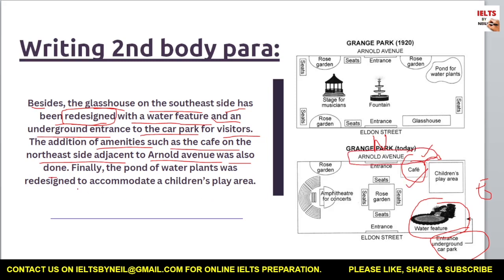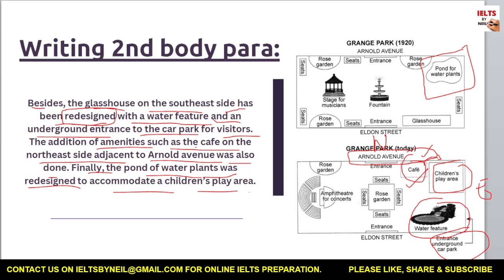That is true. Finally, the pond of water plants was redesigned to accommodate a children's play area. This pond for water plants was redesigned for a children's play area, right? Again, we could have said redeveloped, converted into, developed into, or changed into, okay? You can say a lot of things.